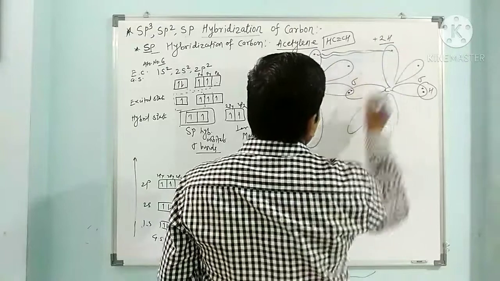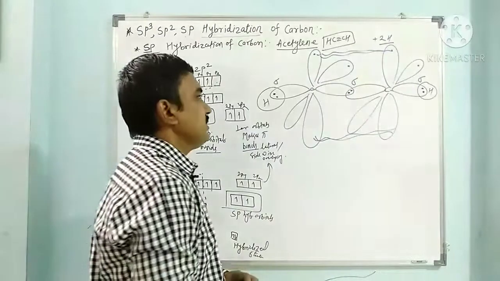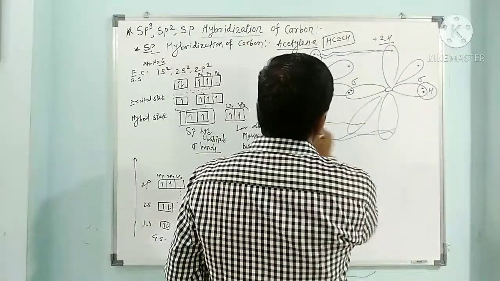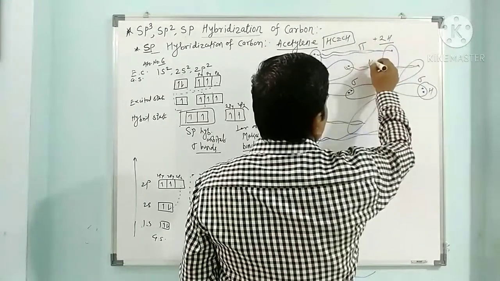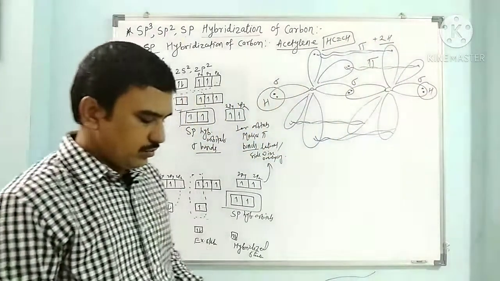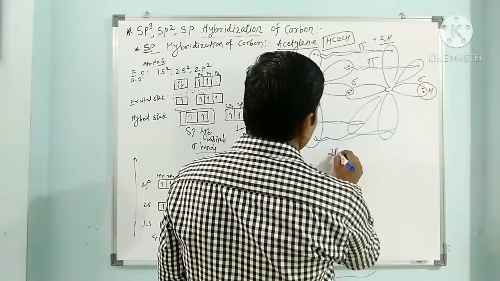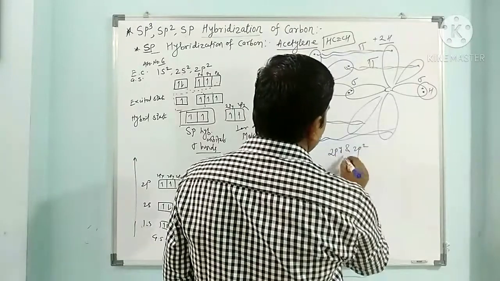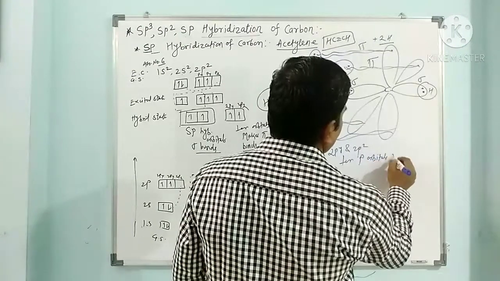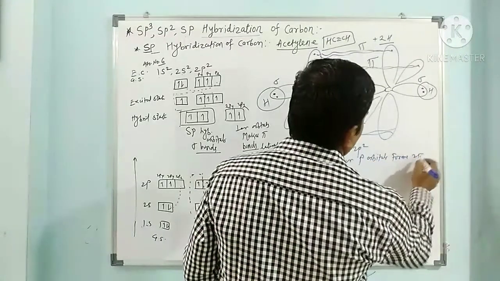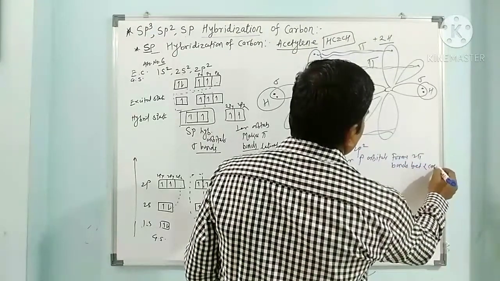It forms this pi bond due to the sidewise overlapping, and it also forms this second pi bond. So this is pi bond 1 and this is pi bond 2 because of the two perpendicular p orbitals. So these 2py and 2pz perpendicular p orbitals form 2 pi bonds between the 2 carbons.